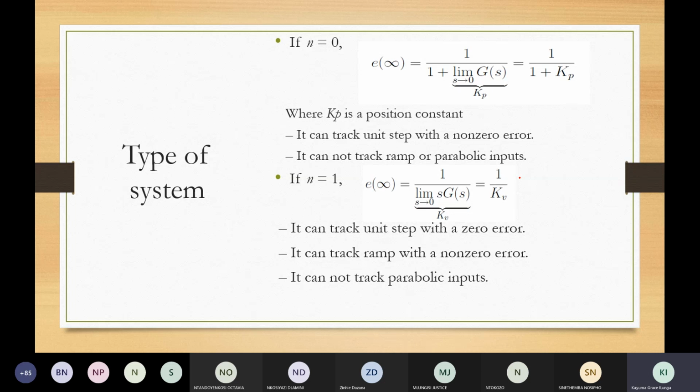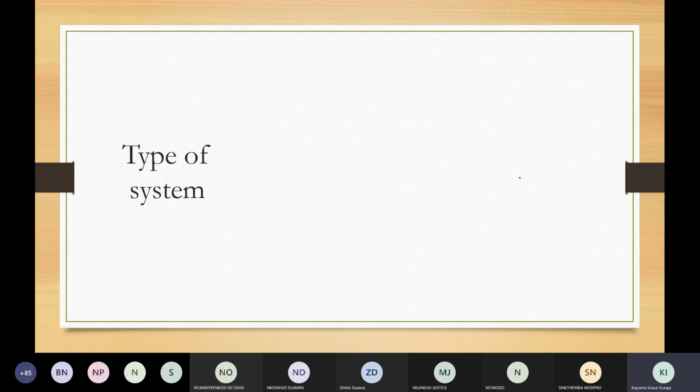So now we move to the next case where n is equal to 2. We know that when n is equal to 2, this is how the limit is going to look, and this is called the acceleration constant, and the steady-state error must be calculated by 1 over Ka.